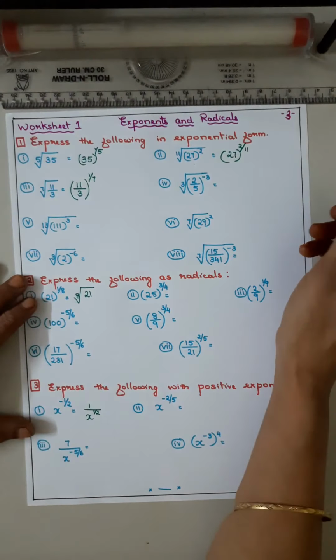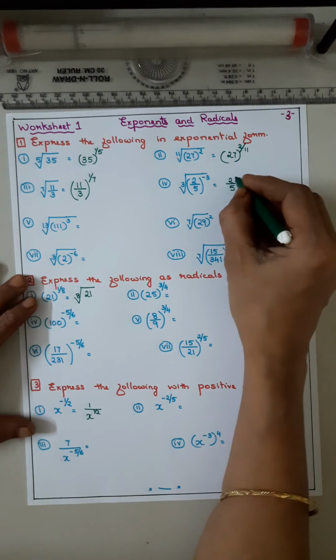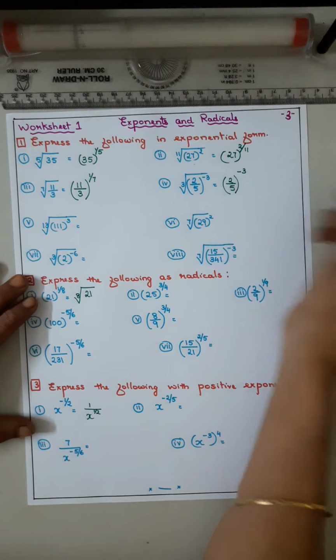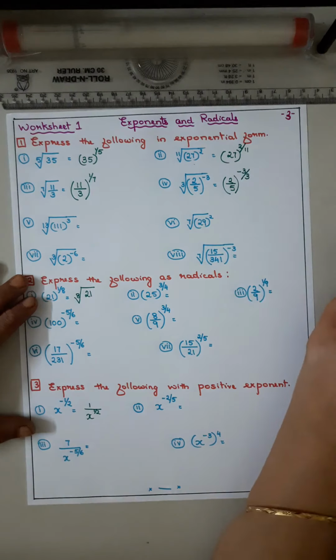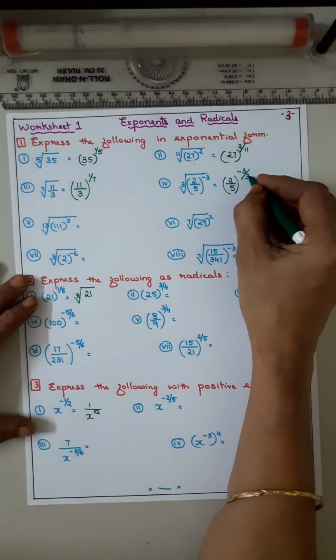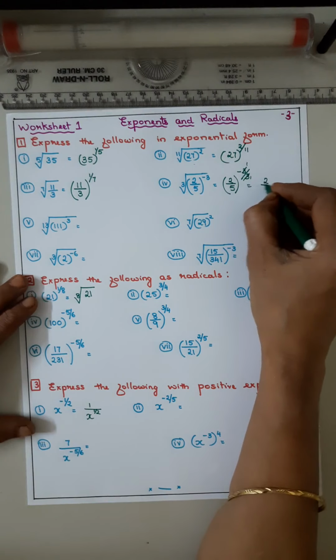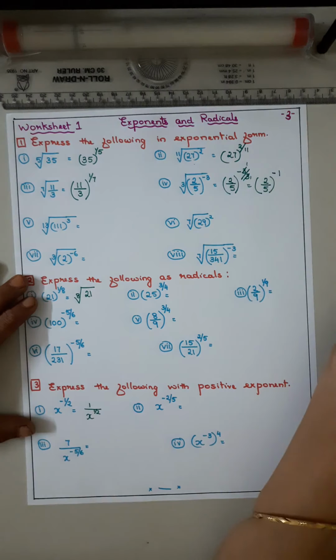Now in the fourth sum, the base is 2/5. Put the bracket, power is -3 and the index is 3. So the same number, 3 ones are 3, 3 ones are 3. So you will get 2/5 the whole power -1.